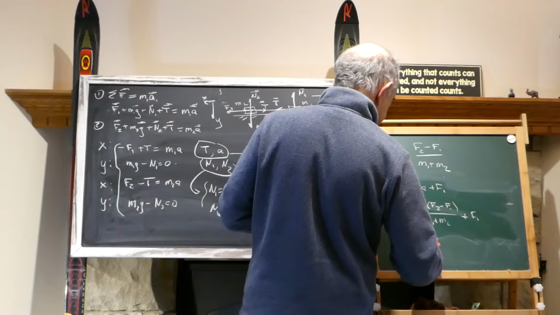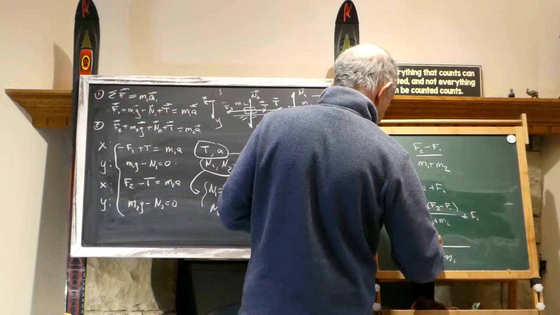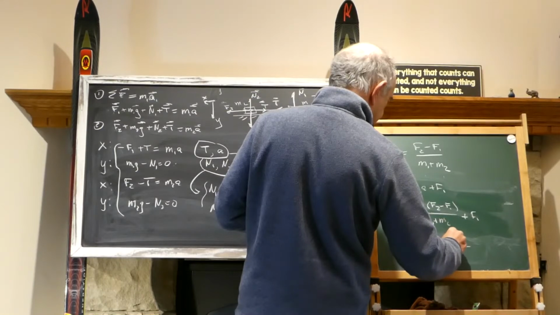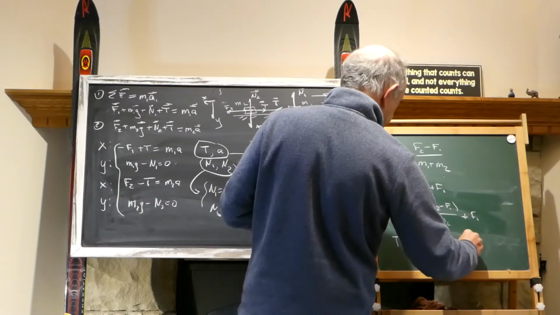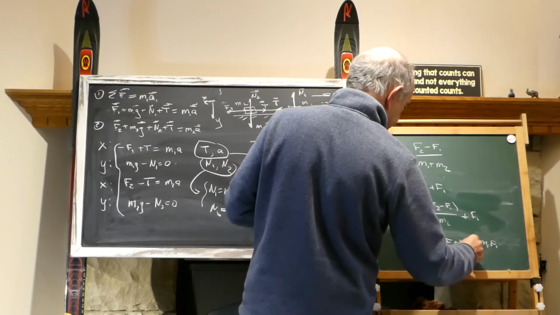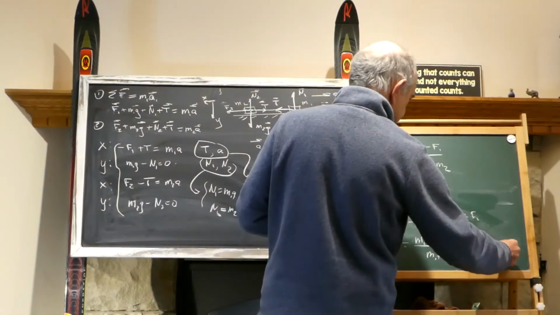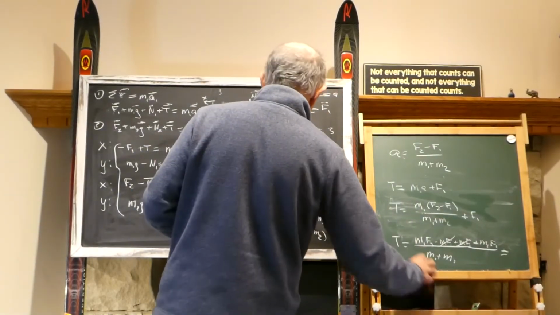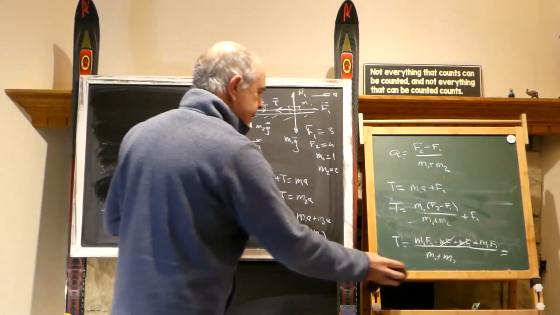T equals, with common denominator M1 plus M2, here M1 F2, I am opening brackets, minus M1 F1 plus M1 F1 multiplying here, plus M2 F1. Those two are gone, and we receive this. Let's continue here.